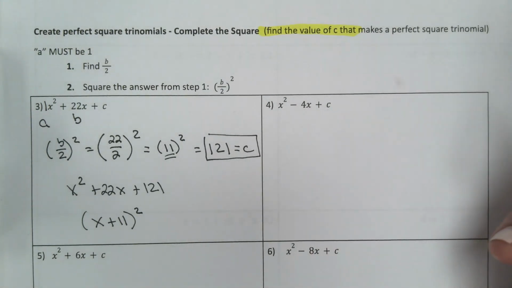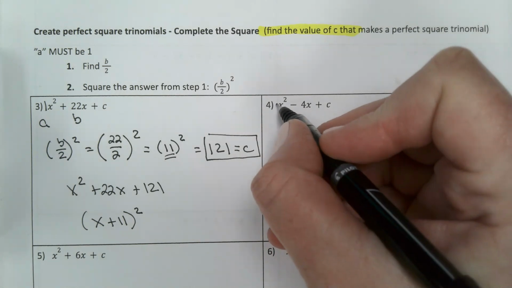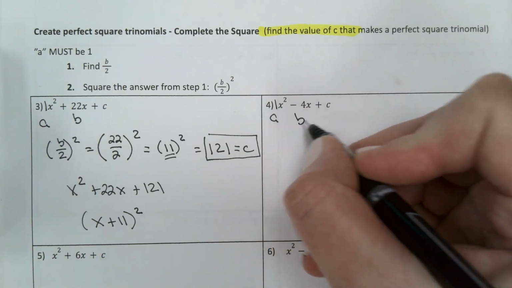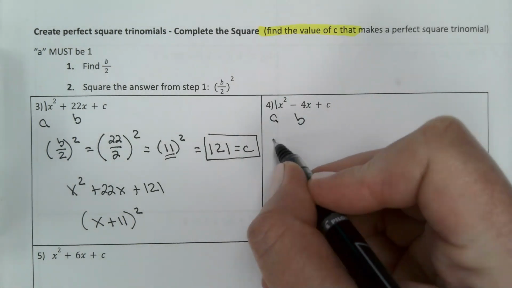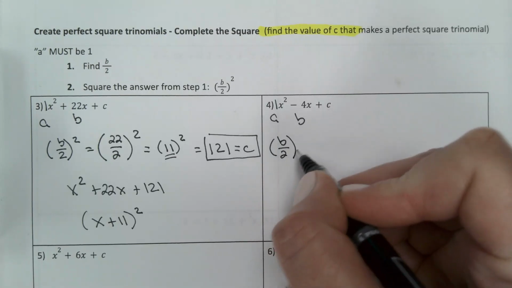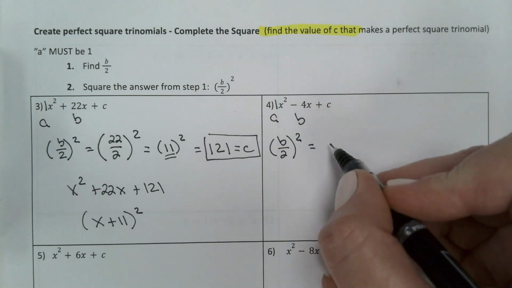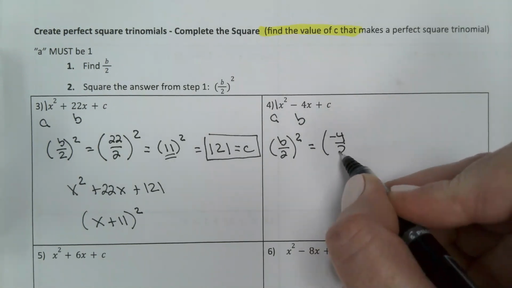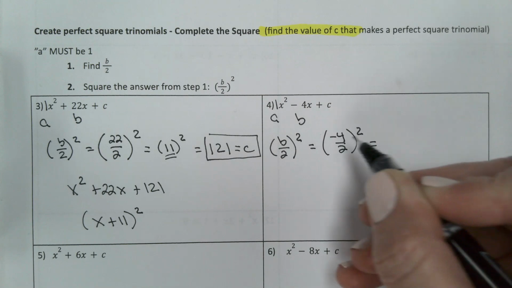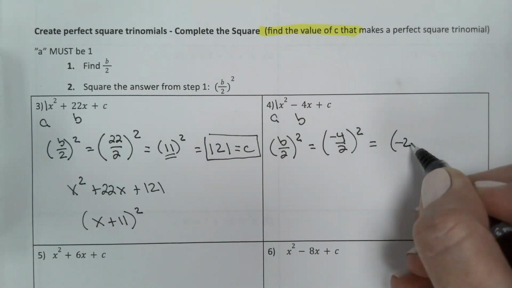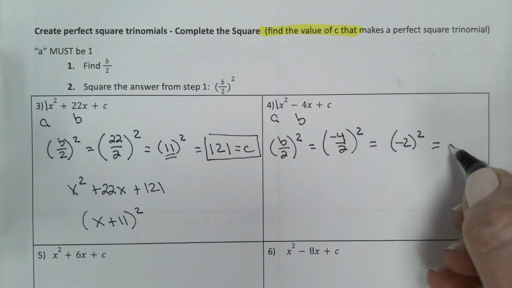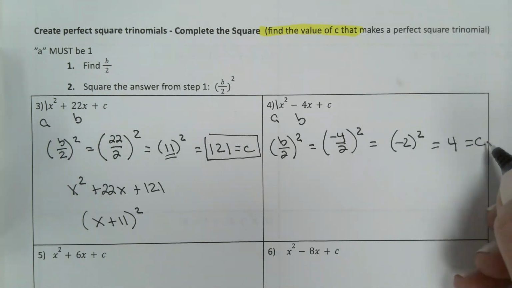What is the value that will complete the square? So there's your A term, there's your B term. So we're going to go B divided by 2 squared. Your B term is negative 4 divided by 2 squared. That equals negative 2 squared. And then when you square it, you get 4.